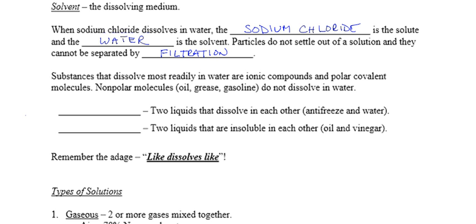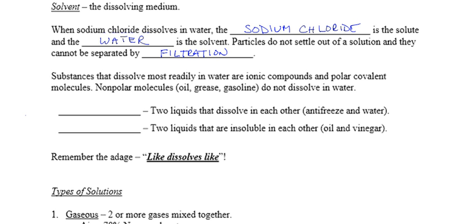The substances that dissolve most readily in water are ionic compounds, which you know are metals and nonmetals bonded together, and polar covalent molecules, which you know are asymmetrical molecules. Nonpolar molecules do not dissolve in water.